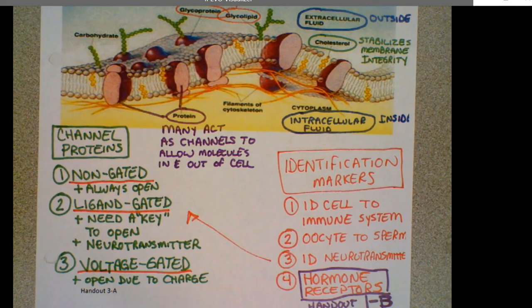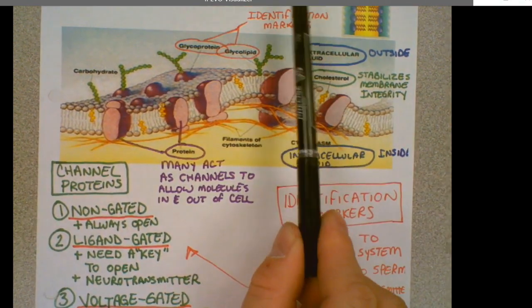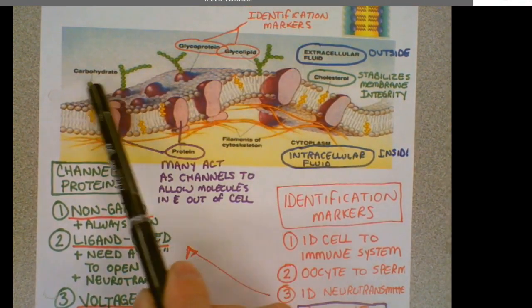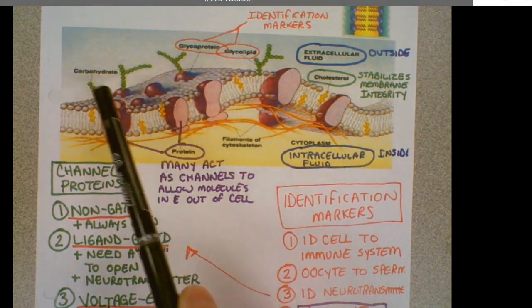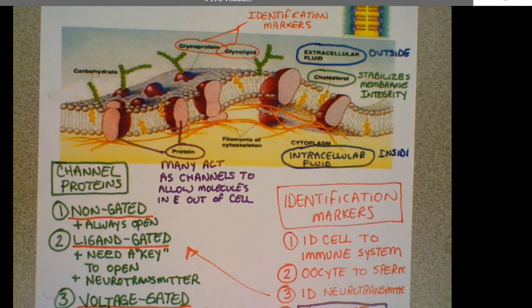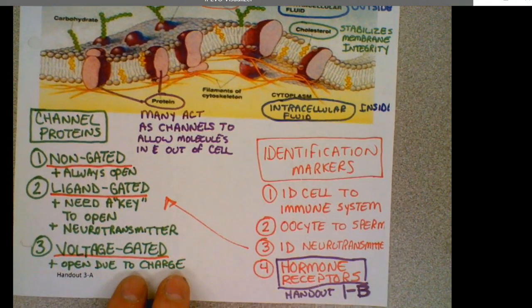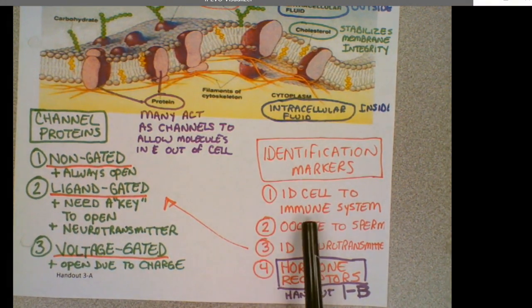Now, I also mentioned that we have identification markers, and these identification markers are located on the plasma membrane of cells to identify it for various purposes. Now, I've got 4 of them that are listed here. The first one is identification markers can ID the cell to our immune system.